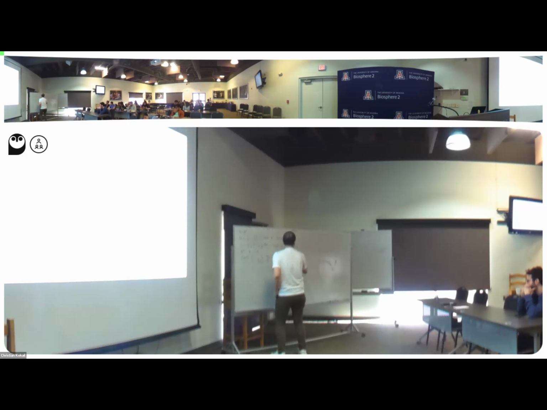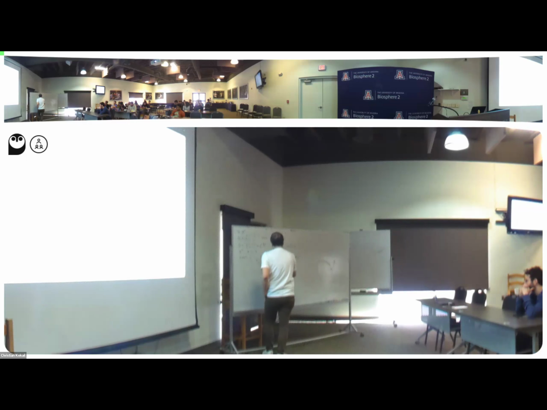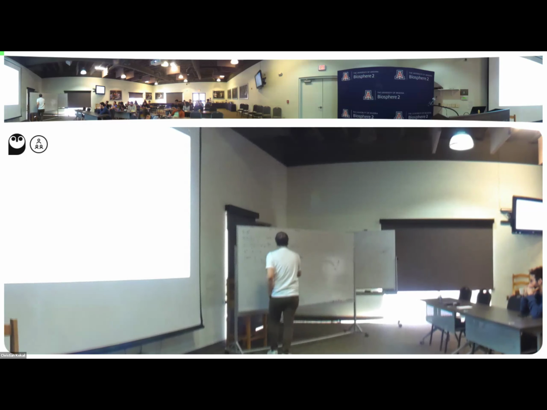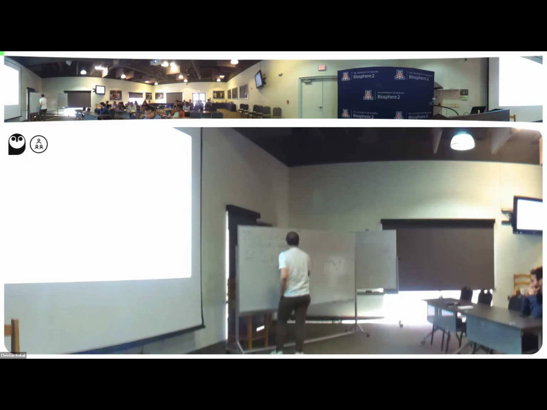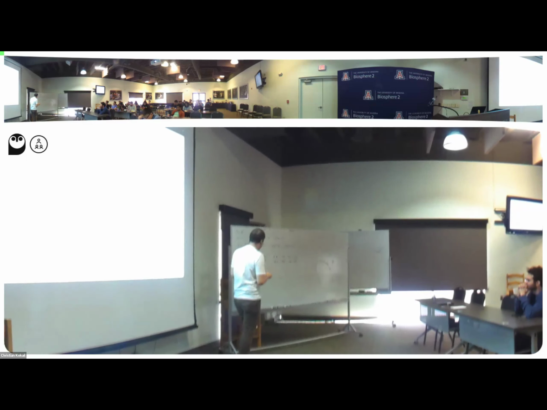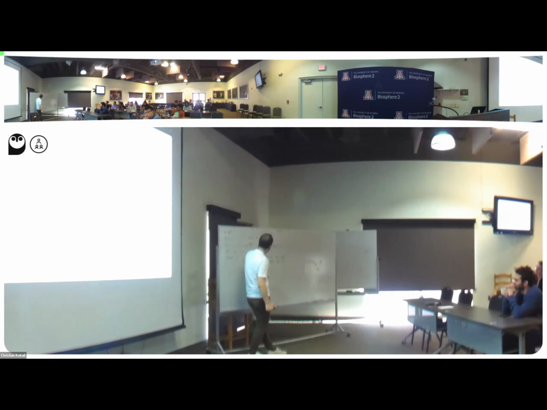Identity X: if you have an X on the second qubit, it stays identity X. And for Z, it's the other way around. If you have identity Z, it becomes ZZ. And if you have Z identity, it stays Z identity. So usually what we say is the CNOT gate spreads X information and Z information only in one direction. X information only spreads to the right, and Z information only spreads to the left.